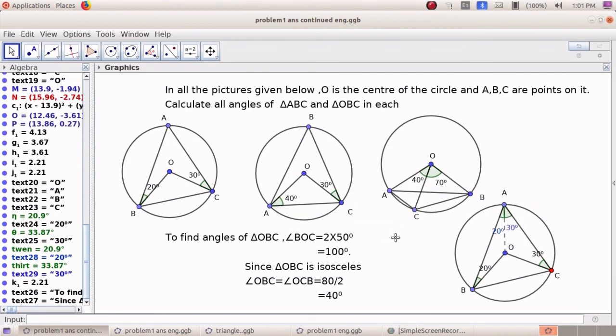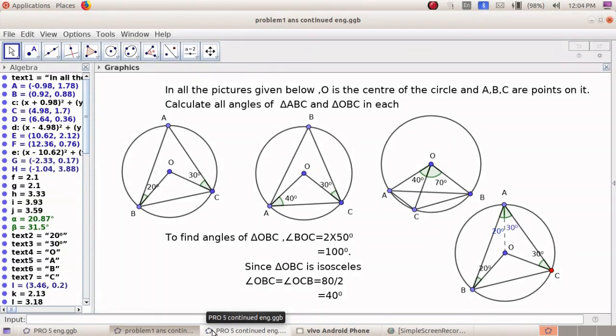Here we have to think: the angle made by an arc at a point of its alternate arc is half of the central angle of the arc. All angles in the same arc are equal. And two angles of an isosceles triangle are equal. These things are needed to get the answers to these questions. That part is left to you as homework. Do it yourself.